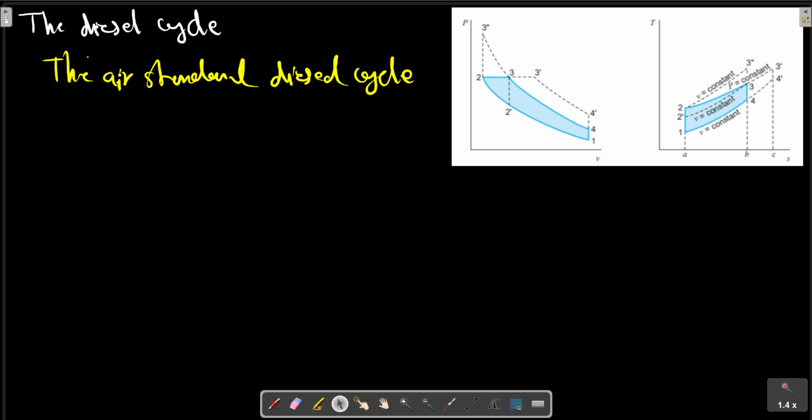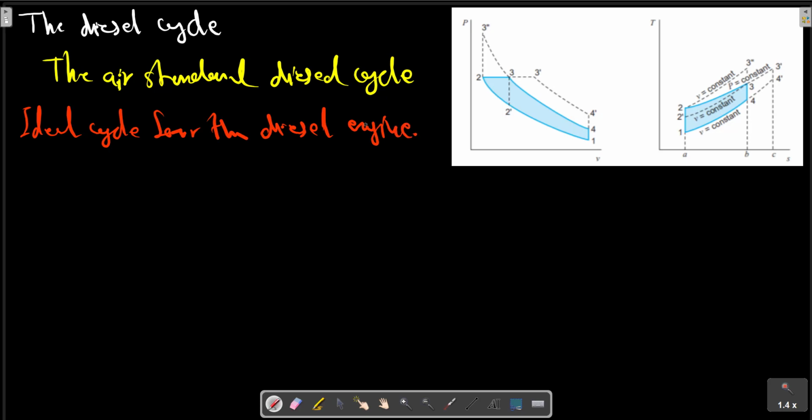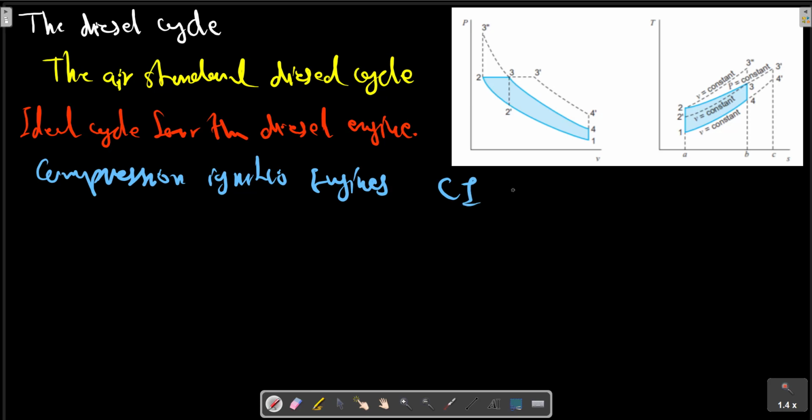This is the ideal cycle for the diesel engine, which is also called compression ignition engine, or CI engines.